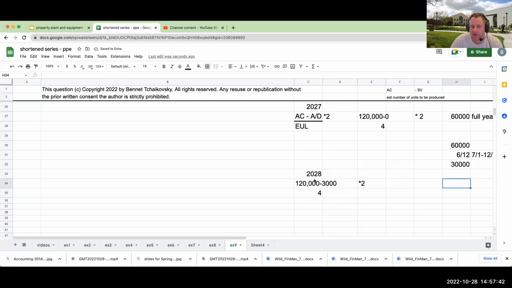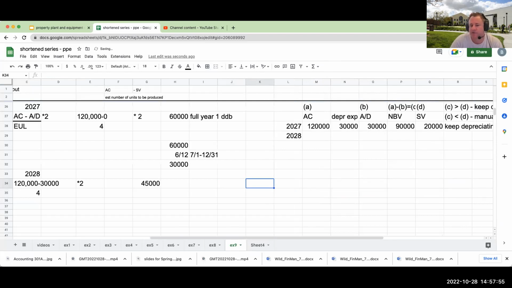So this is 120,000 minus 30,000, which is going to give me 90,000 divided by 4 times 2, or $45,000. So over here, my acquisition cost is 120,000 and my depreciation expense for this year is 45,000.